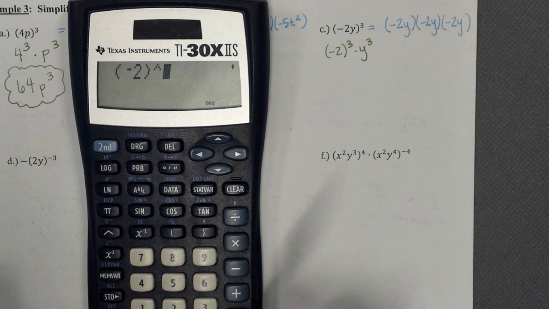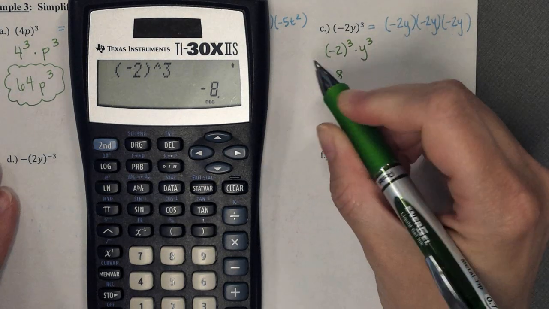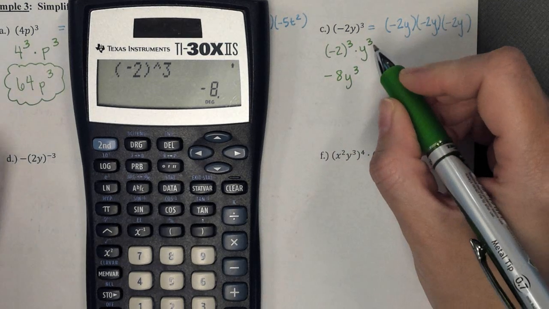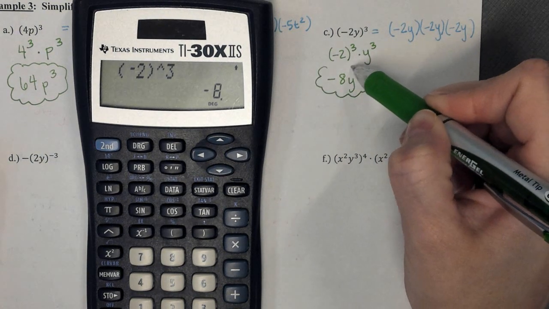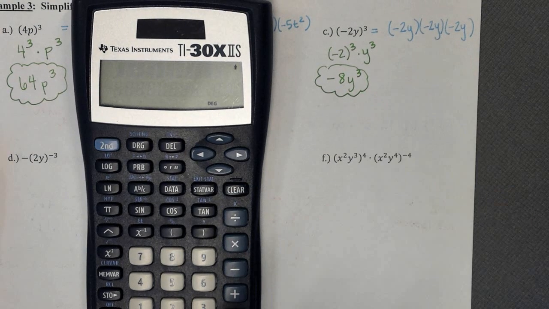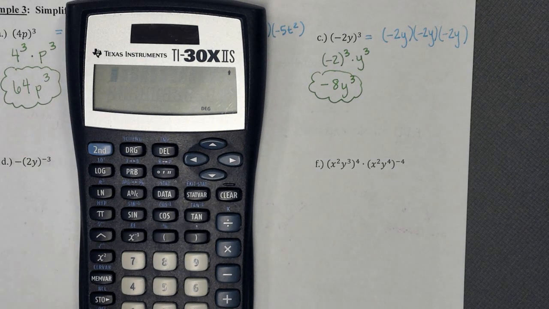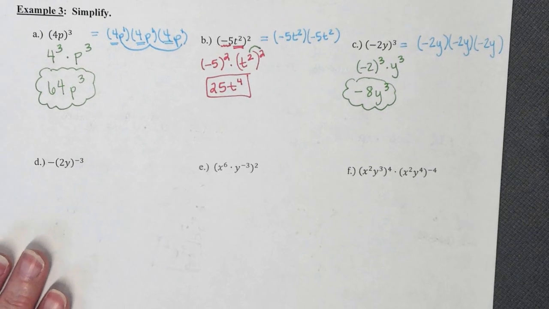Negative 8. Okay, which is the same thing you get if you raise that to the third power. It would be the same as if you did negative 2 times negative 2 times negative 2. And if you like doing it that way, you can as well.